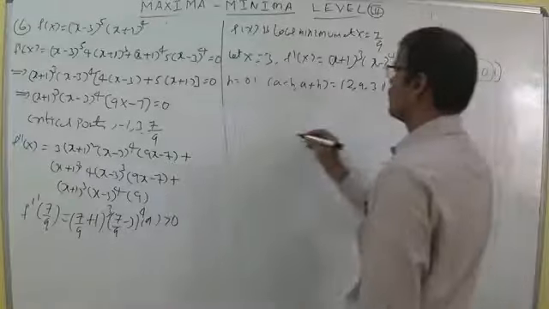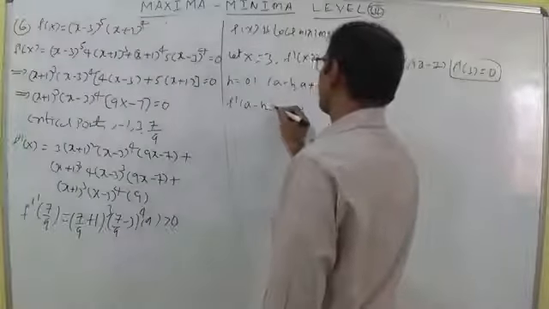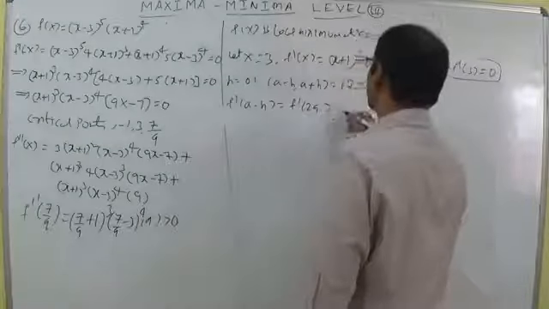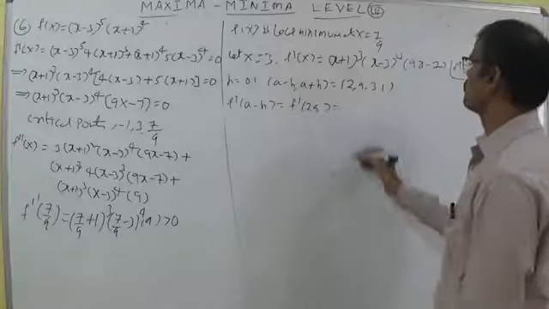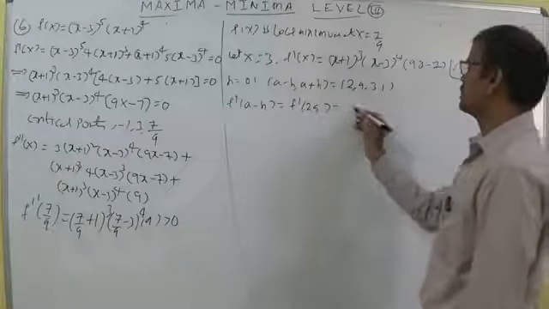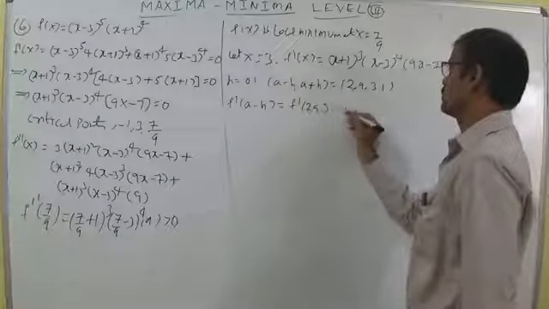Now let us discuss a-h. F'(a-h) is equal to f'(2.9). 2.9 plus 1 whole cube becomes positive. This is positive. 9 into 2.9 minus 7, this is positive. So f'(2.9) we know is positive, greater than 0.